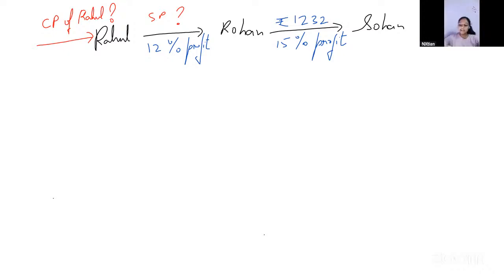Also, one thing I forgot to tell you. Rohan also spends rupees 120 on repair, and then sold it for 1232. So in 1232 you also have 120 repair. Okay, ma'am, thank you.